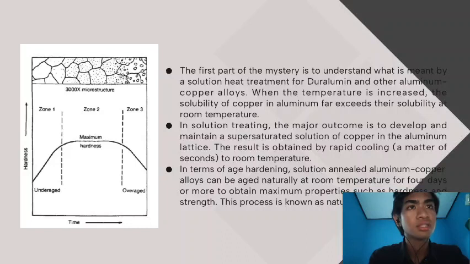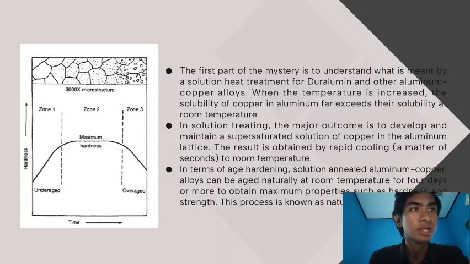Instead, an unstable supersaturated condition is created after quenching. At room temperature, the solubility of copper in aluminum drops to a small fraction of 1%. At this point, the copper is locked inside the aluminum lattice, but must precipitate out of the supersaturated aluminum lattice.